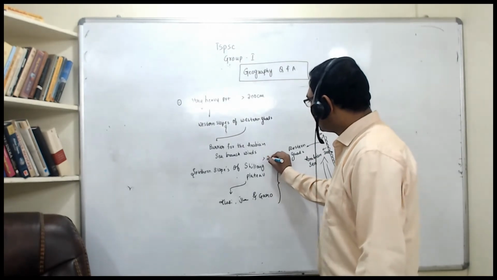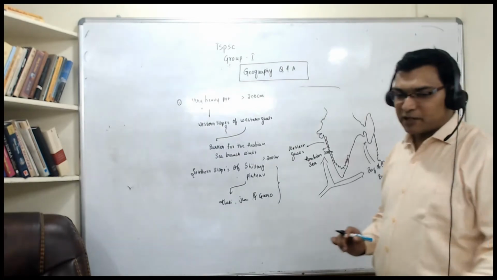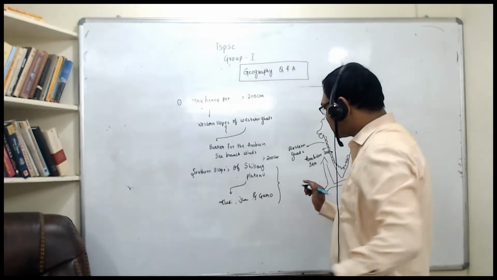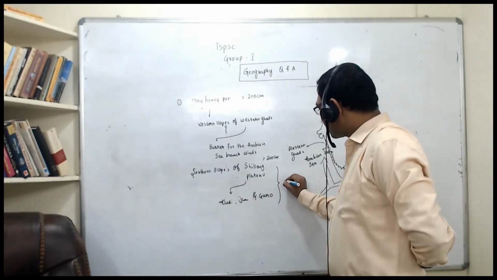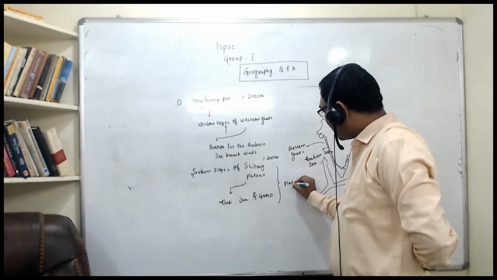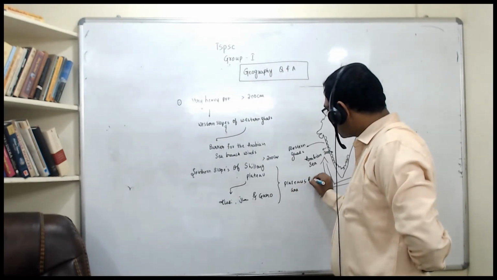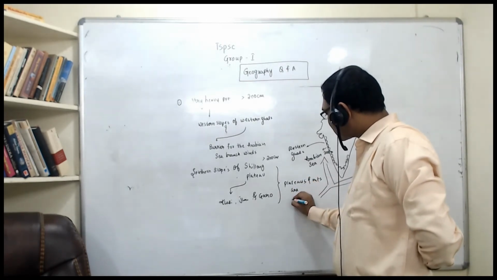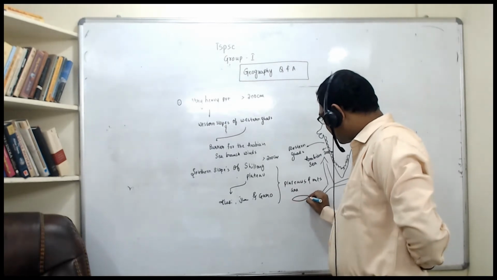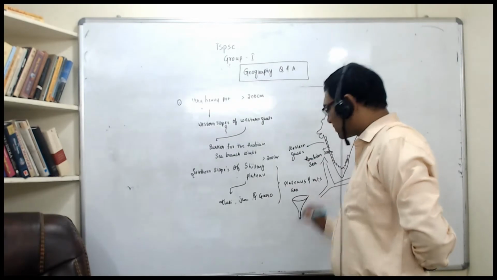Why more than 200 centimeters of rainfall here? It is because of a simple reason. Here the plateaus and mountains are funnel shaped structures.